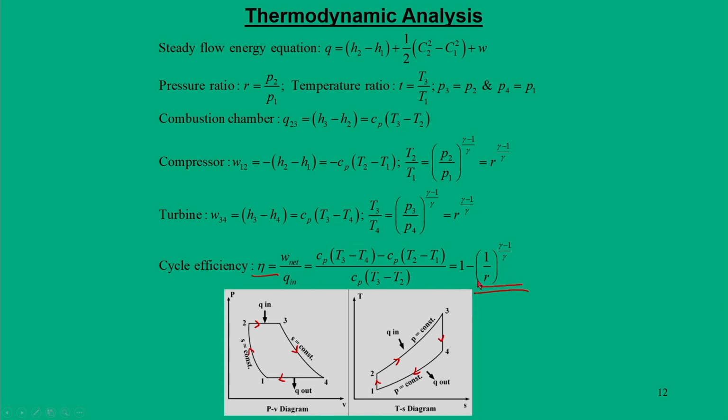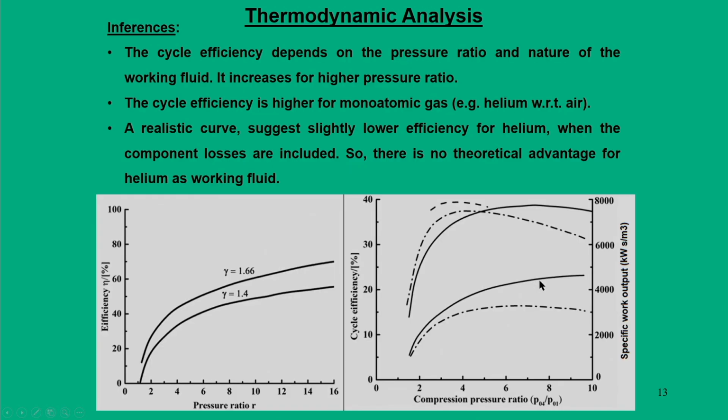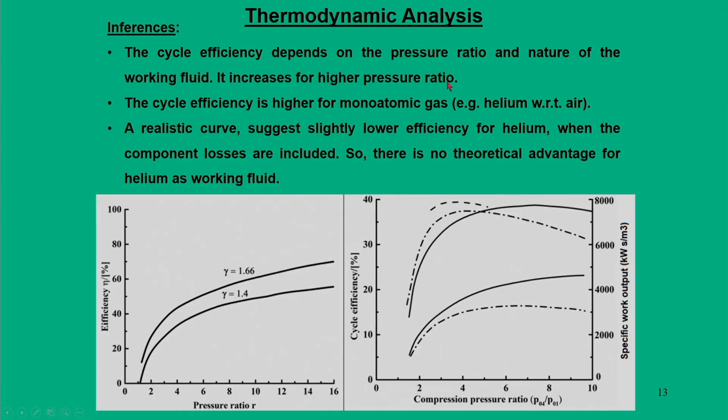So, the cycle efficiency is written in this fashion. Now, from this equation one can find that efficiency is a function of two parameters. One is the pressure ratio, the other is the nature of the working fluid. By nature of the working fluid, I mean the specific heat ratio gamma. That means efficiency depends on R and gamma, and of course, it increases with an increase in the pressure ratio.